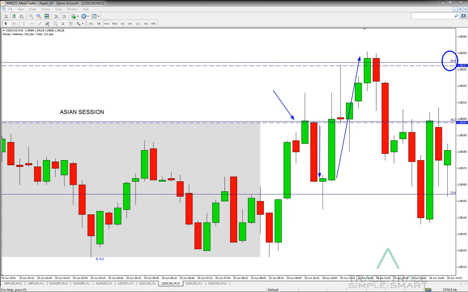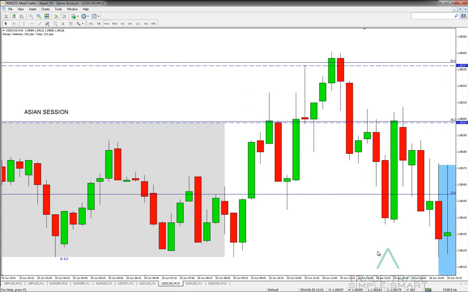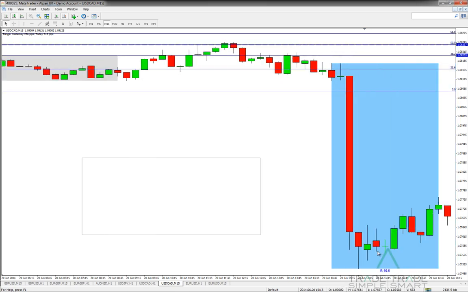And from this point, a large amount of buy orders came into the market, allowing smart money to aggressively sell into this market, which is represented by these two red bars. And then ultimately we saw the market begin to move to the downside, and we can see that during the American or US session that phase 2 was completed.